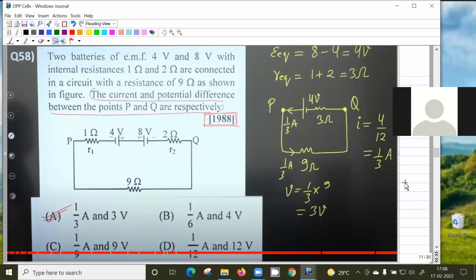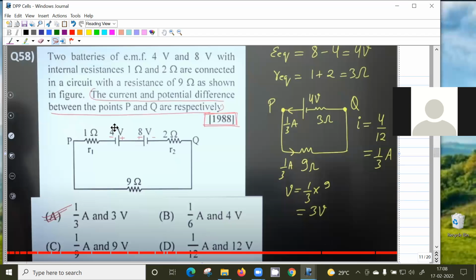He has given the circuit diagram, so we use that. The current is 1/3 ampere, but I don't know how to find the potential difference. You have to go from P to Q, right? So find the drops from P to Q.